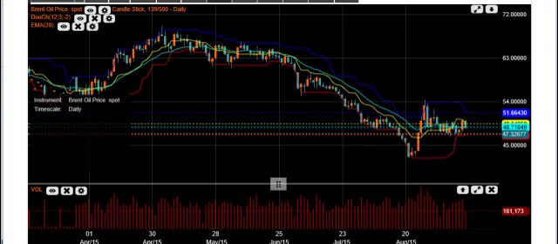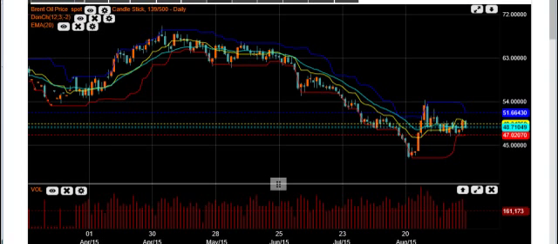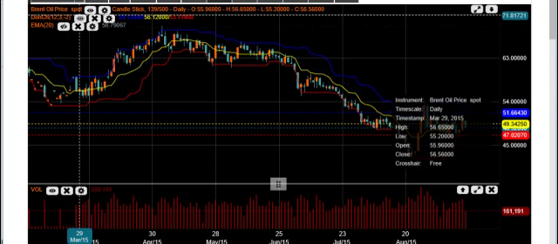We're still looking at a movement for oil in between the ranges of 51.66 and 47.02, and it's currently working at the 48.52 level.